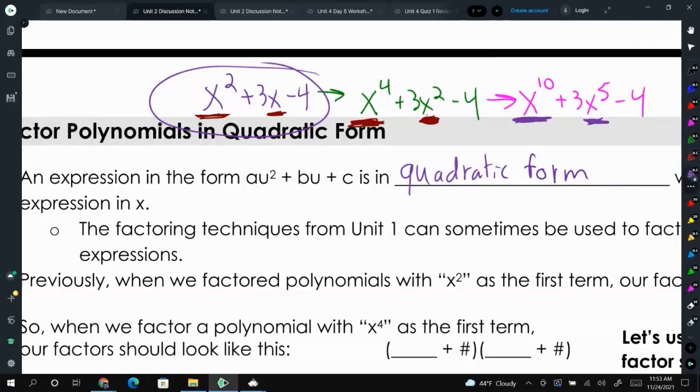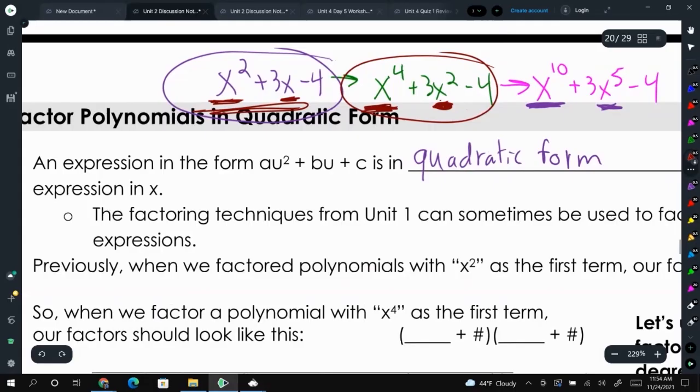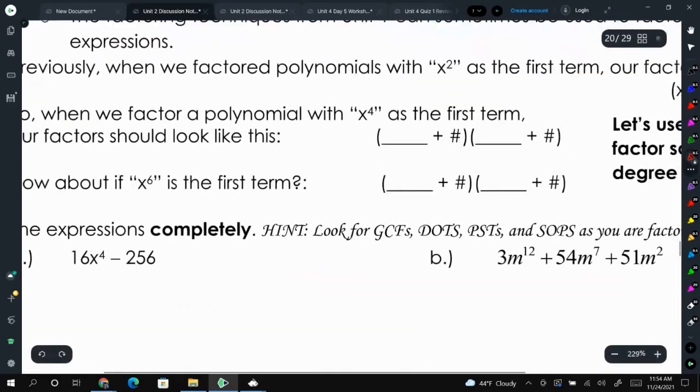What that means, though, is that our factors are going to look different. Our factors, instead of being, like in this form, x minus 1 times x plus 4, if we're looking at this one, we would say x squared minus 1 times x squared plus 4. Whatever this something is, this middle term, that's going to be the x at the front of your parentheses.